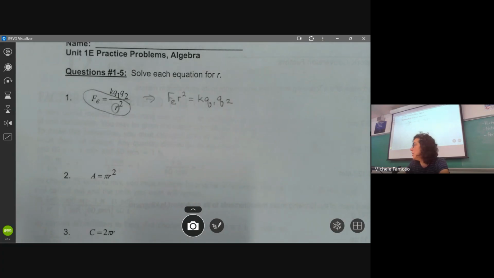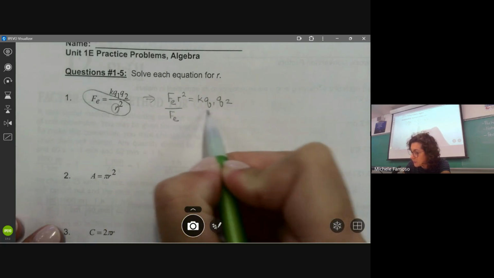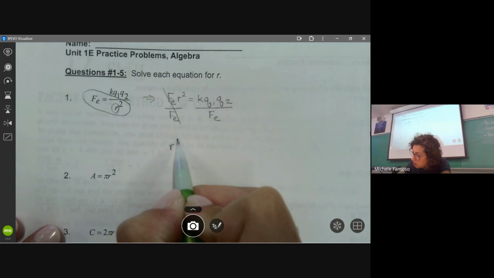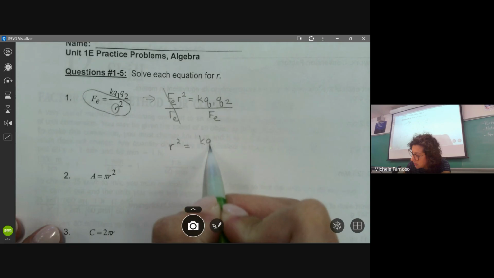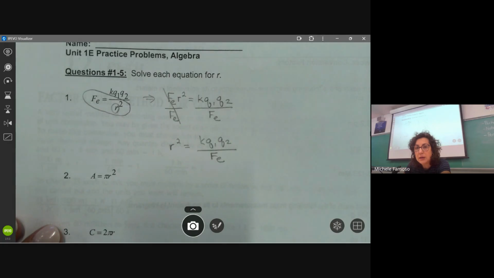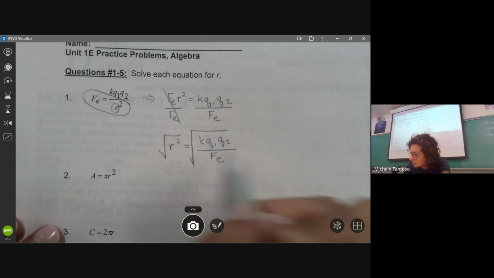Anytime the variable you want to solve for is in the denominator of a fraction, you got to do this. You got to get it out of the bottom first. Otherwise, it doesn't work. Now to solve it for R, we're going to divide both sides by FE. So that gives me R squared is K Q1 Q2 over FE. And then square root both sides.